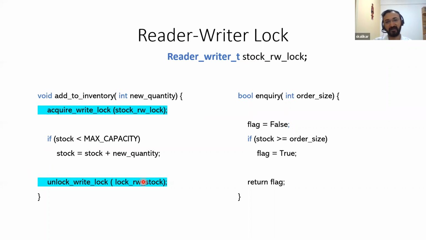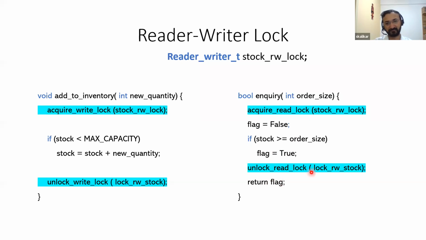And now the inquiry function acquires a read lock, then there is a flag which says the stock is not available. Then if you find the stock is enough for your order, you set the flag to true and return the flag, right? And then we unlock it, correct?